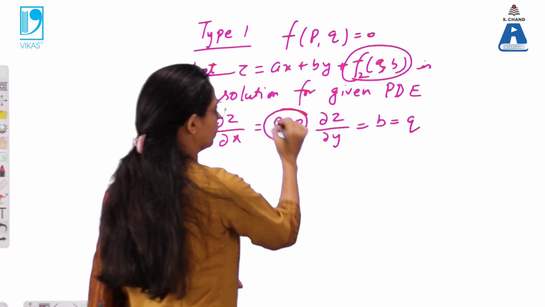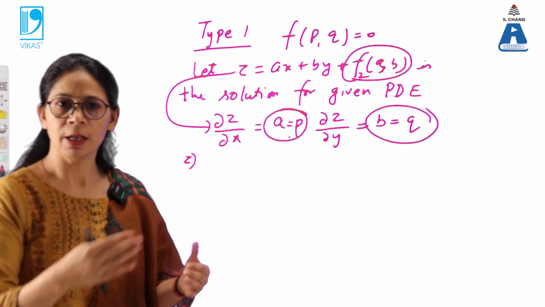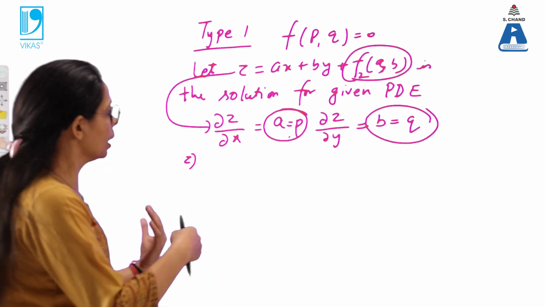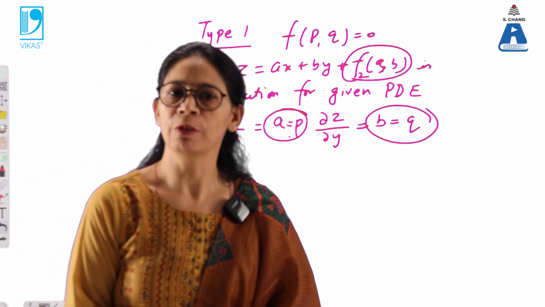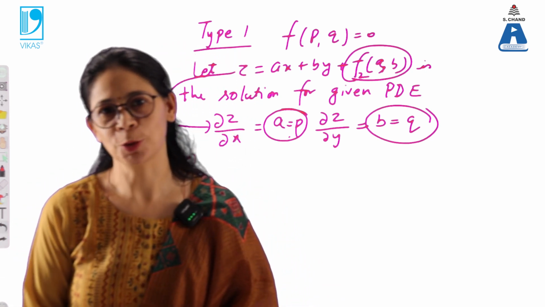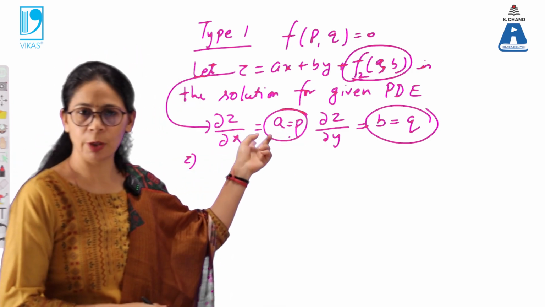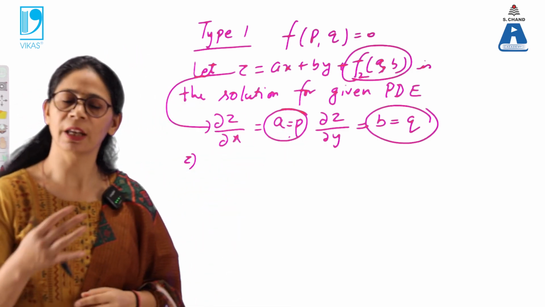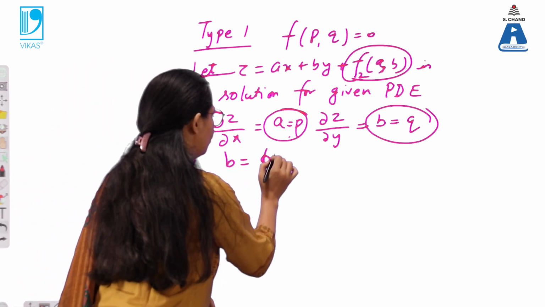So p will be replaced with a and q will be replaced with b, and b can be written as a function of a because that function will be found using the given differential equation. We will take one example to make it clearer. On substituting p equal to a and q equal to b in the given differential equation, it will give us a relation that b is equal to phi of a.